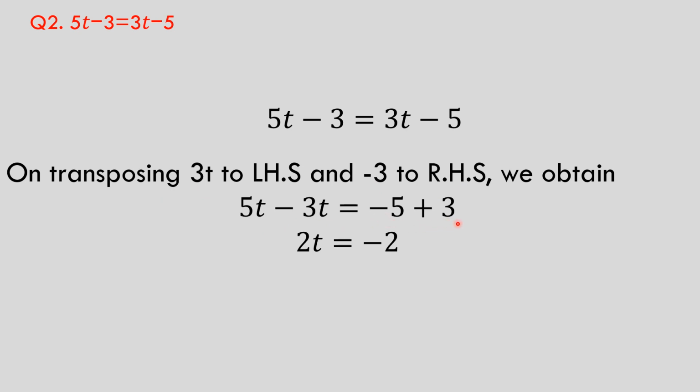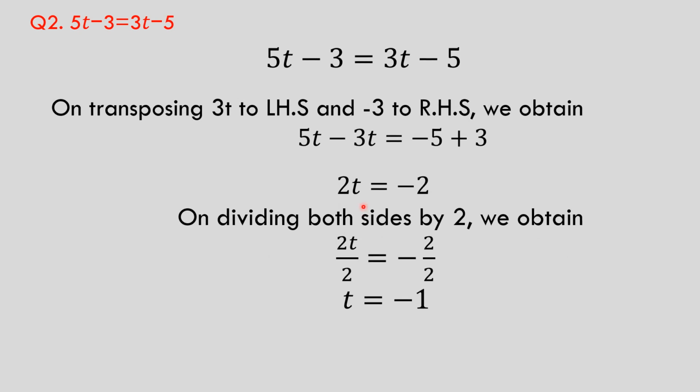So, left side becomes 2t, and as 5 is greater than 3 and the sign of 5 is negative, minus 5 plus 3 would be negative 2. As coefficient of t is 2, we will divide by 2 both sides. So, we get t equals minus 1.